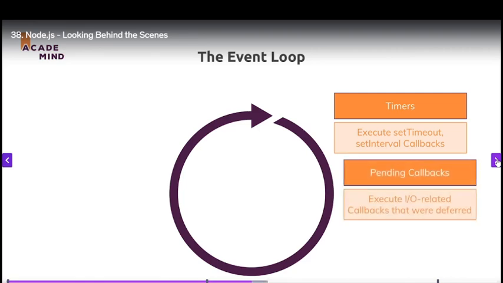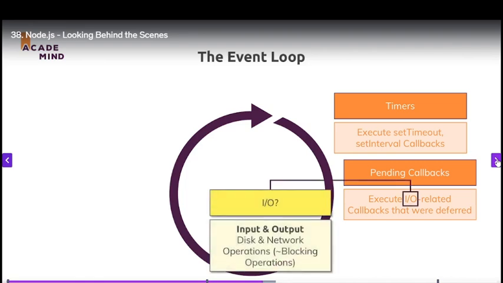Then, as a next step, it checks other callbacks. For example, if we had write or read file, we might have a callback because that operation finished, and it will then also execute these callbacks. Now be aware that with I/O here, I mean generally any input-output operations, which typically are file operations but can also be network operations, and in general I'm talking about blocking, long-taking operations.